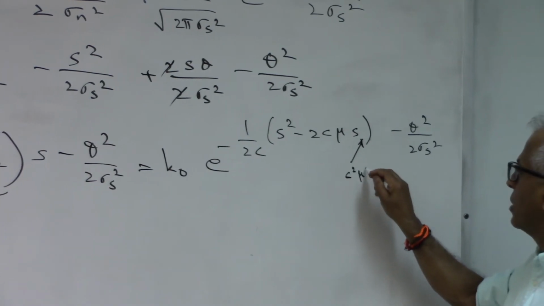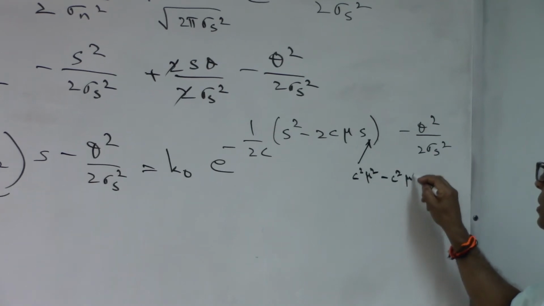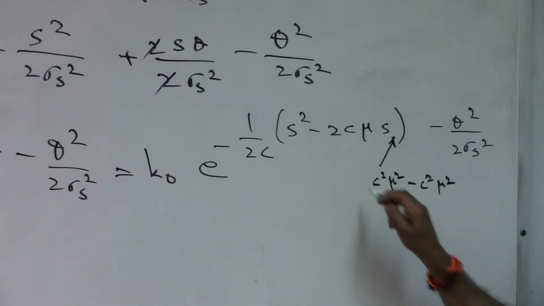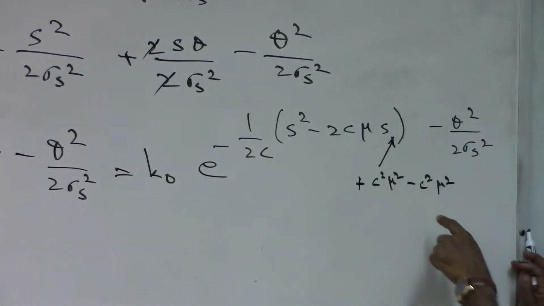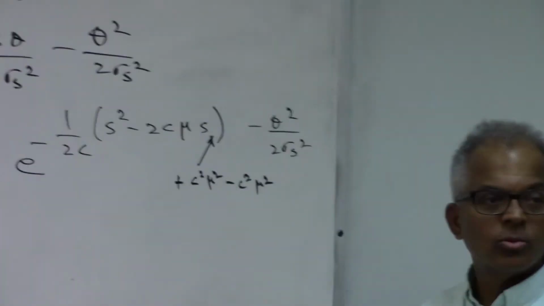Anybody? C squared mu squared, right? And minus C squared mu squared. So then the minus will become plus outside. Here I am going to add, and divided by 2C, this will effectively become C mu squared by 2.